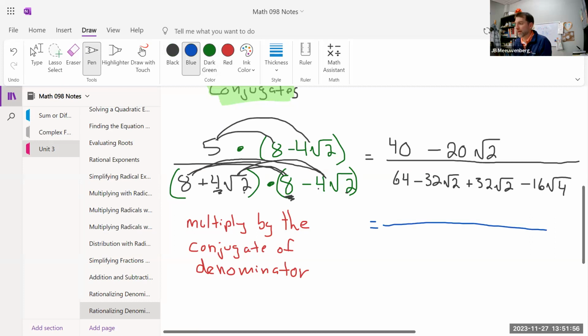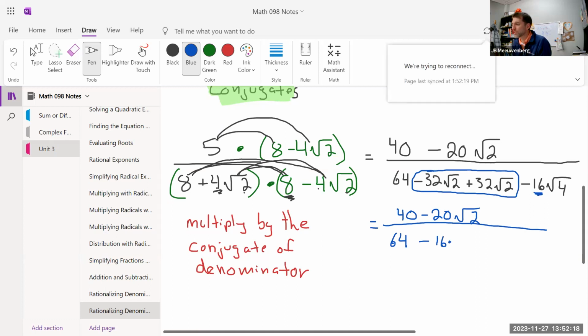We still have a big fraction. 40 minus 20 radical 2. In the denominator, we have 64. Did you notice how these are opposites and are going to cancel each other out? It's going to happen every time. Then we have minus 16 times the square root of 4 is 2.